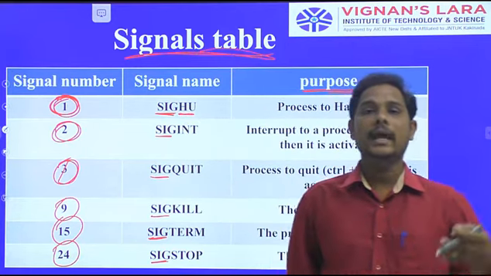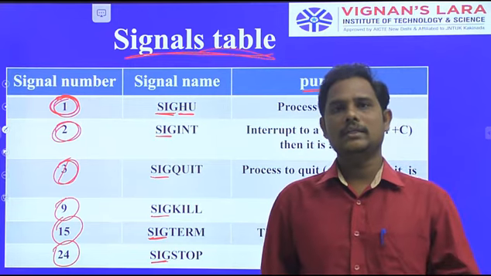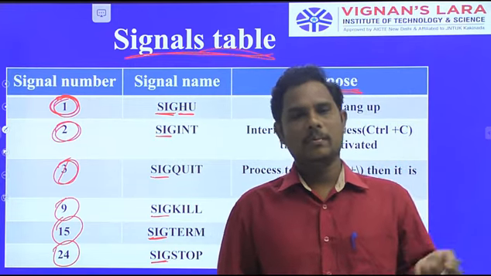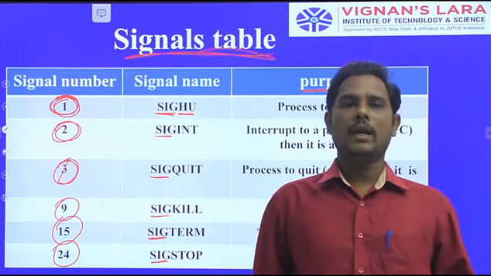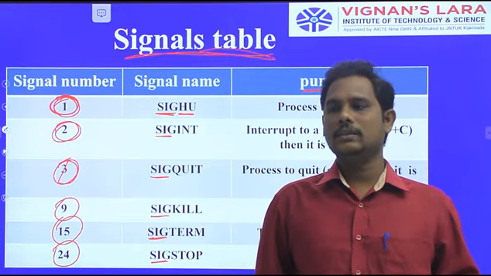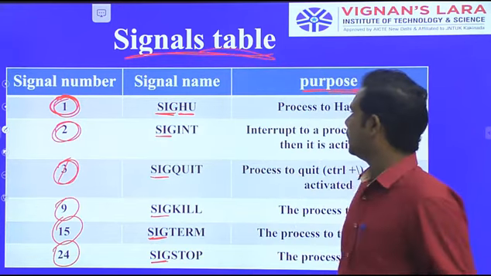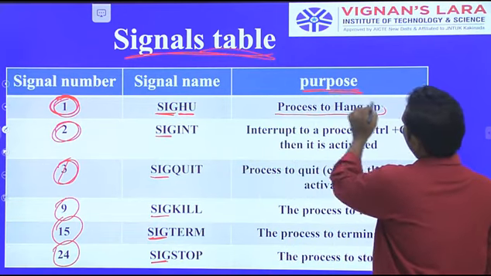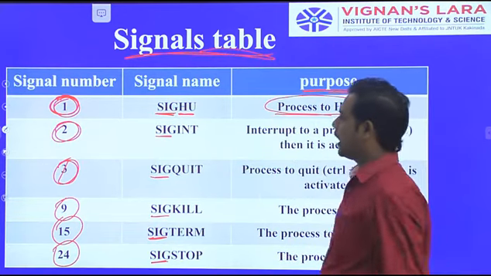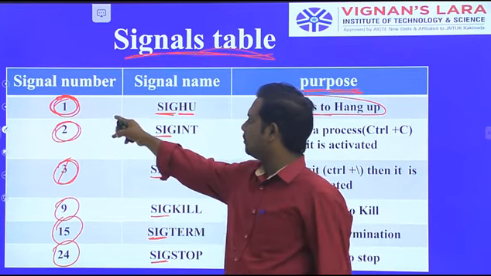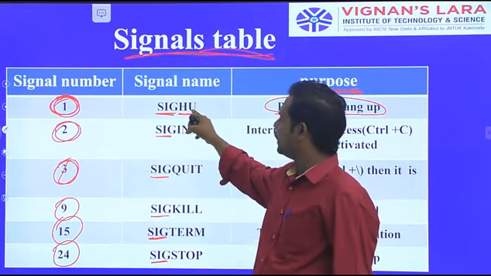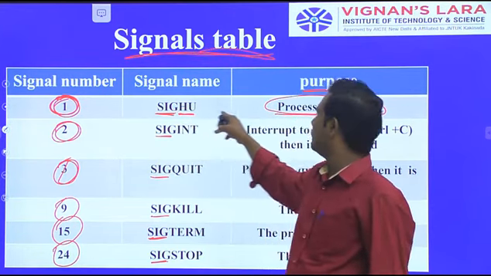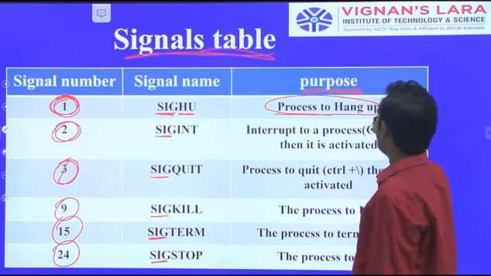Sometimes the signal is stopped because of maybe overlapping, so that's why the signal is hang up. It means the process is hung up. Signal number 1 means SIGHUP, and HUP means hang up.